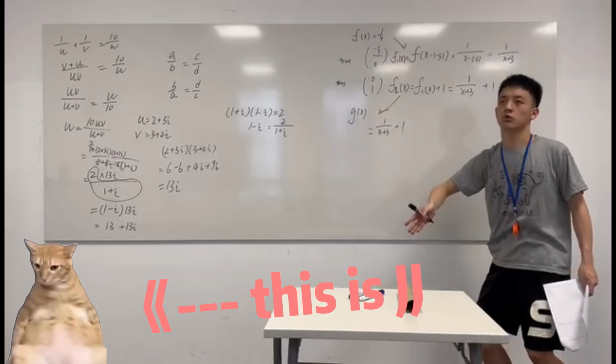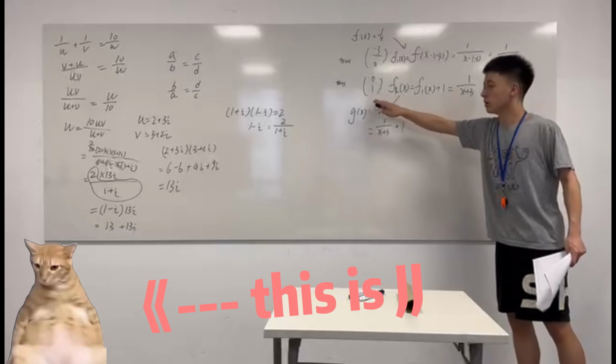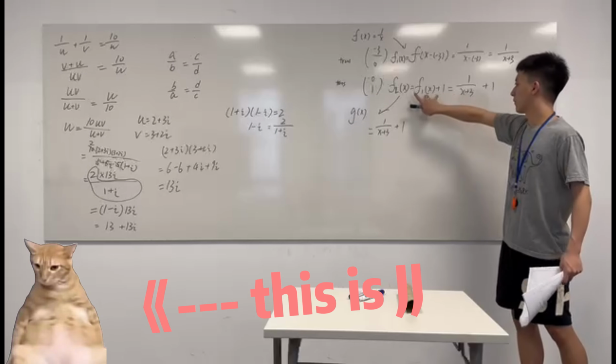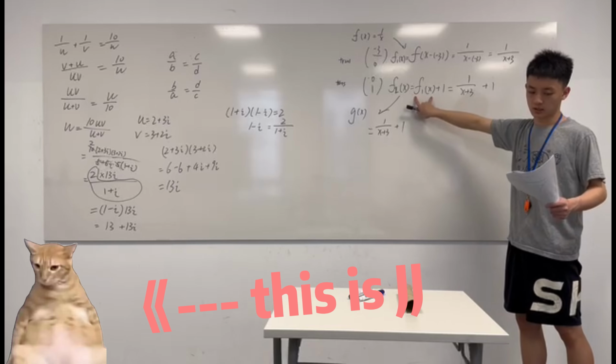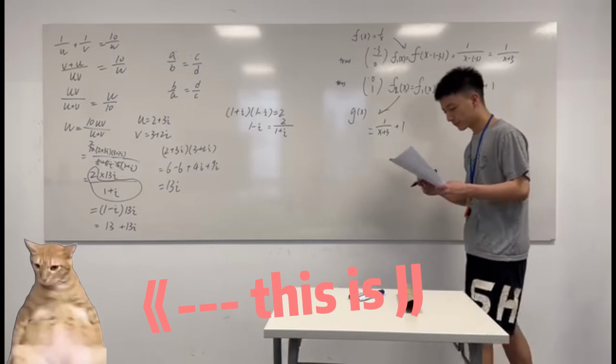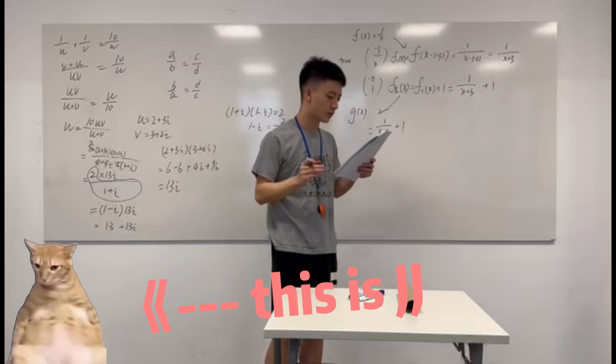But when we translate the graph up and down, you add 1 outside of the function here. You guys understand? Okay.